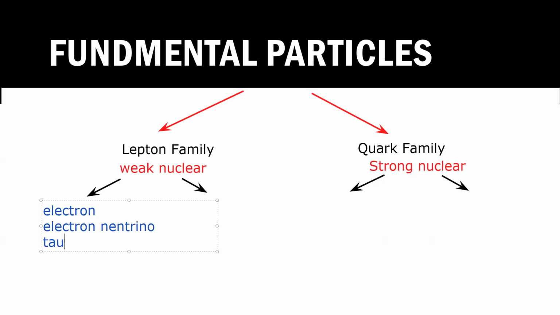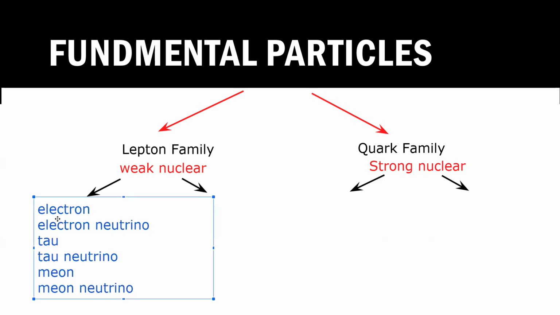We have tau and tau neutrino. And we have muon and muon neutrino. These are the fundamental particles which all of them experience a weak nuclear force.